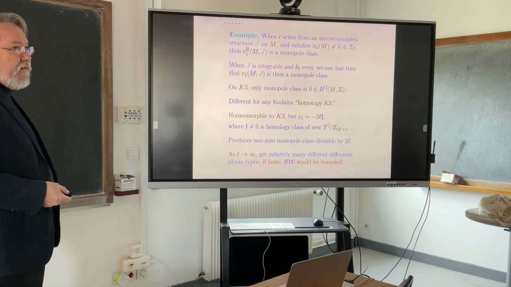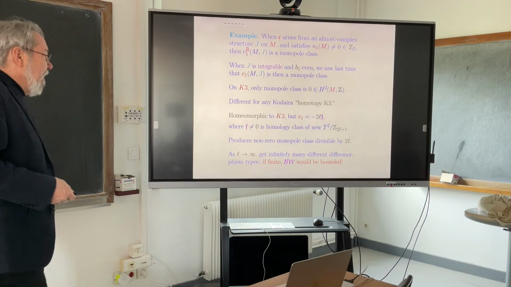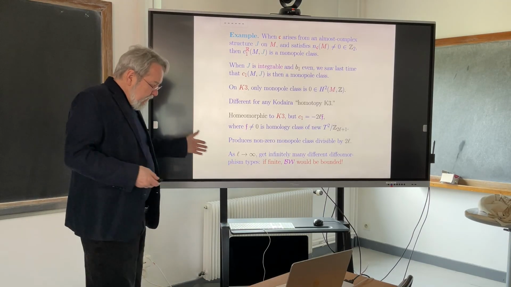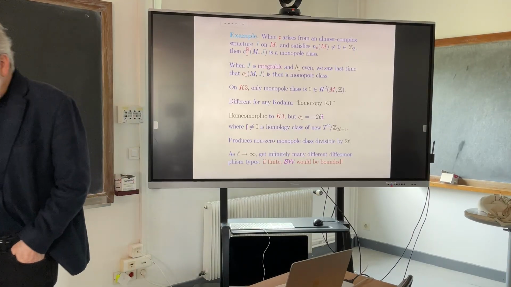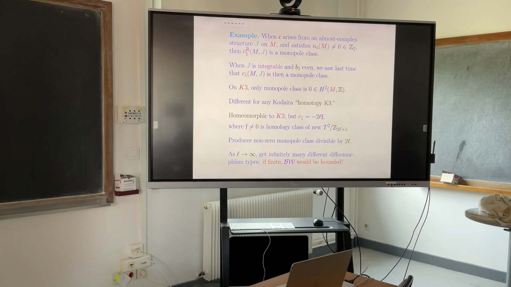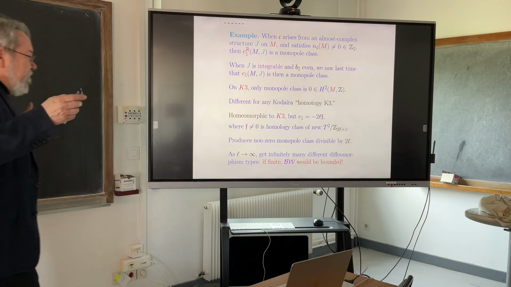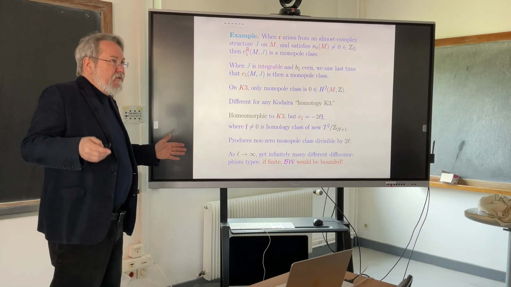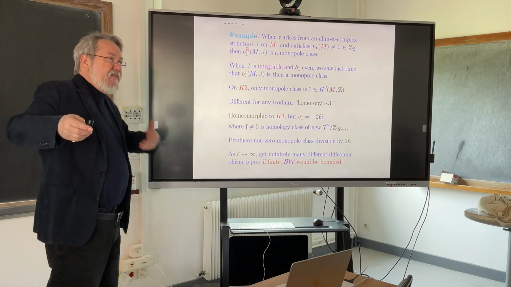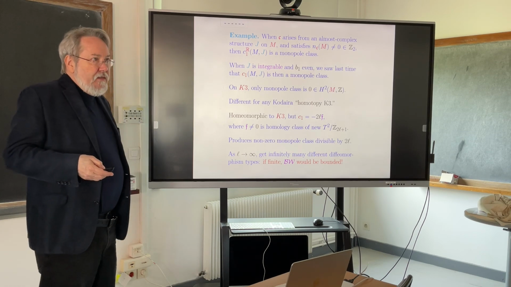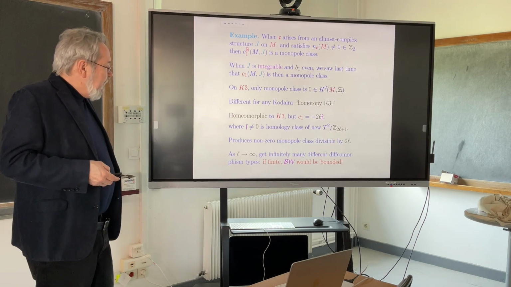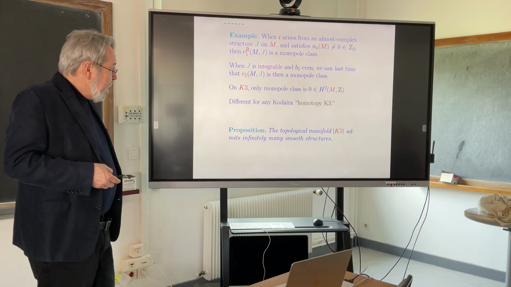But that means that among these smooth structures we found on the topological K3, we must be seeing infinitely many diffeomorphism types, because if there were only finitely many diffeomorphism types, there would be a maximal bandwidth. We've just said that the bandwidth goes to infinity among this sequence.